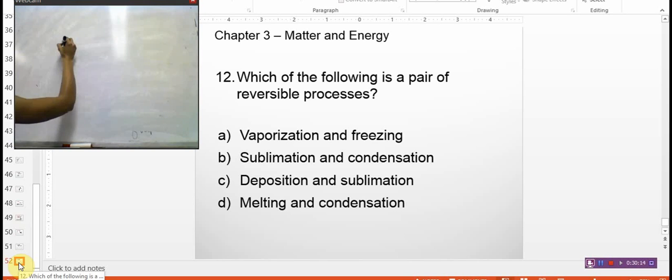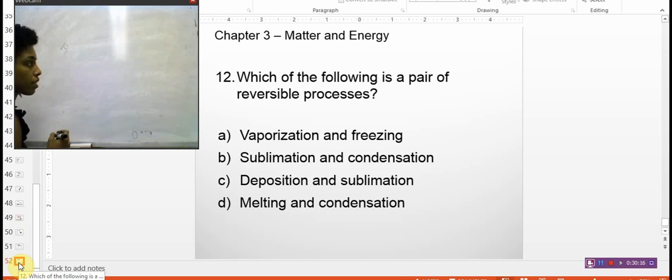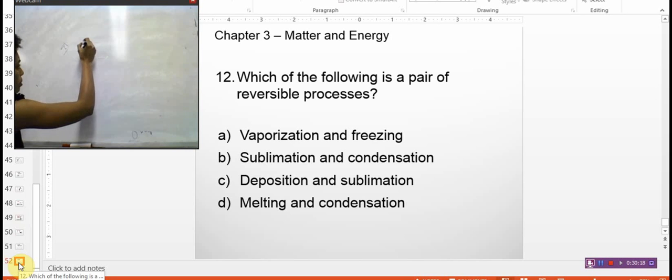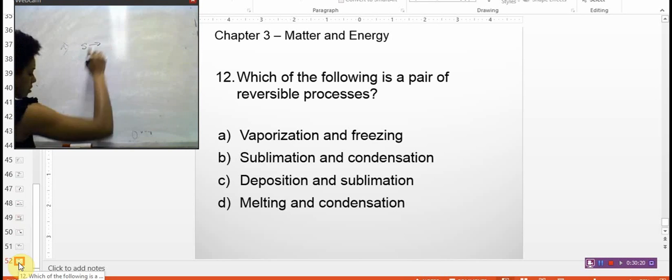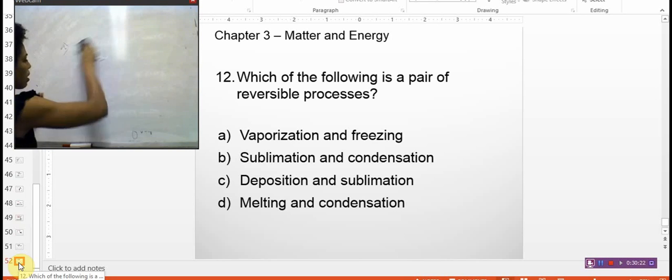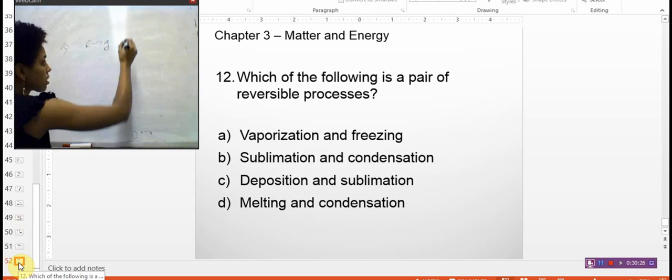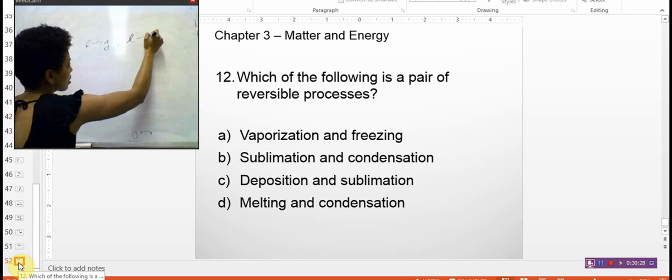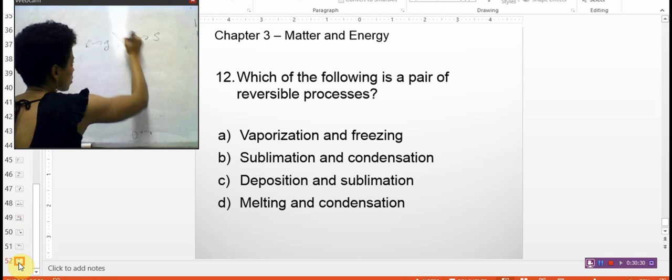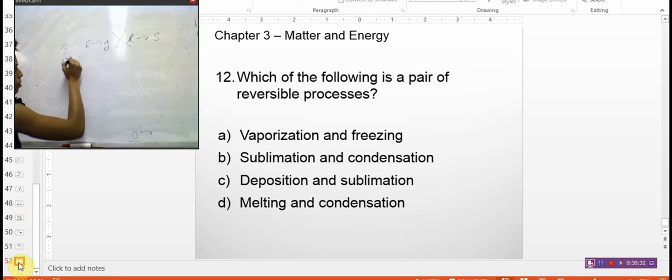And our last problem. A is vaporization and freezing. So vaporization is liquid to gas, and freezing is from liquid to solid, so those aren't reversible.